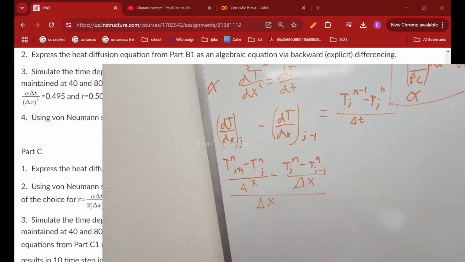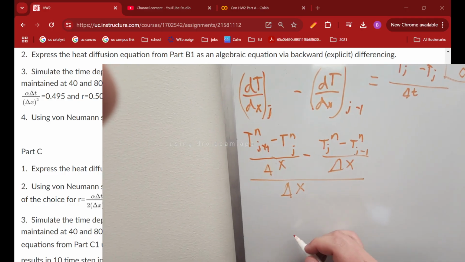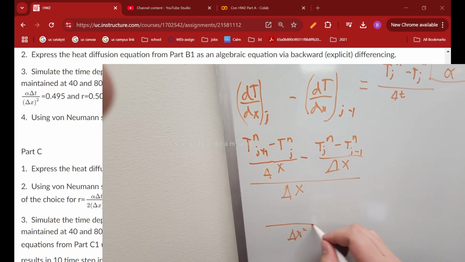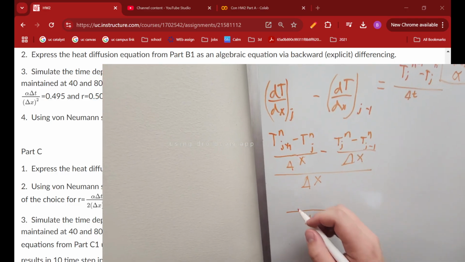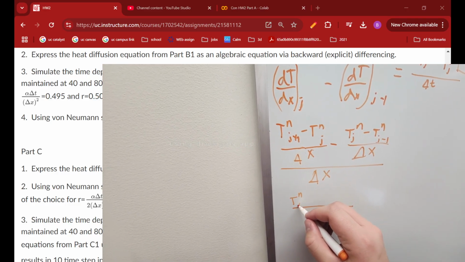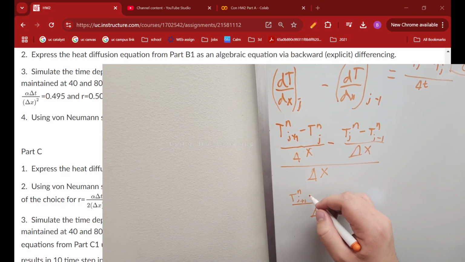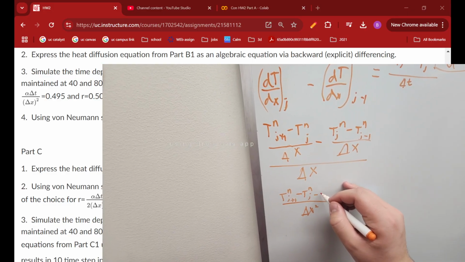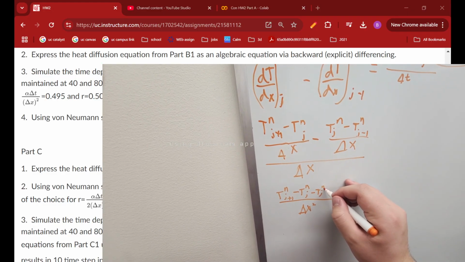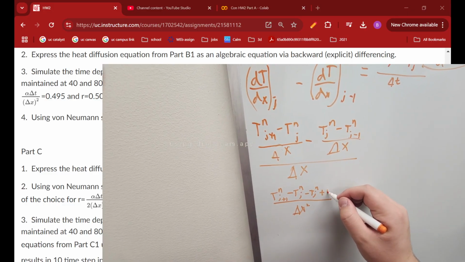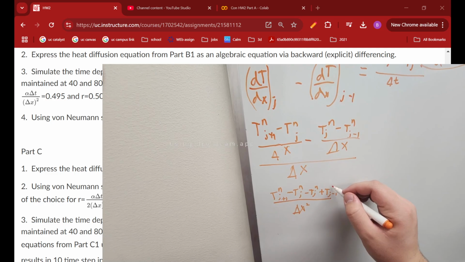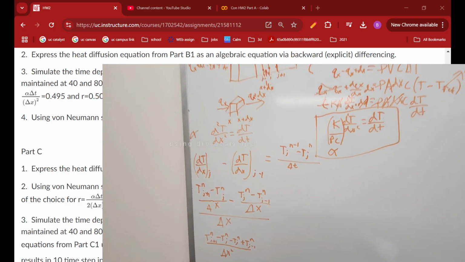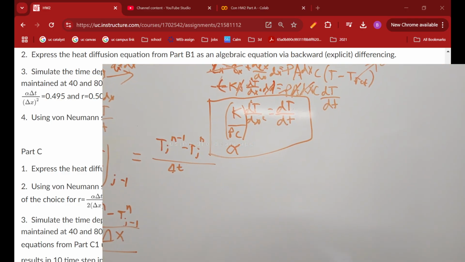So now we can start to simplify this, which we'll have delta x squared, and then T j plus 1 to the n minus T j to the n plus T j minus 1 to the n. I'm just gonna check that real quick before we move on.